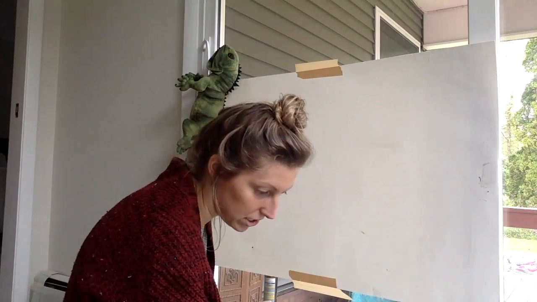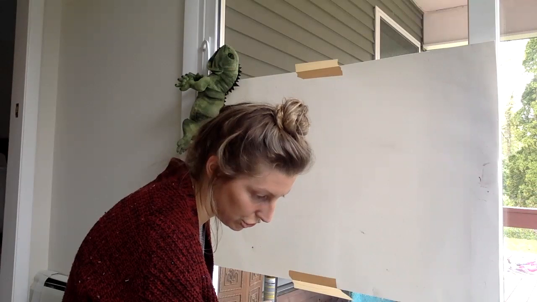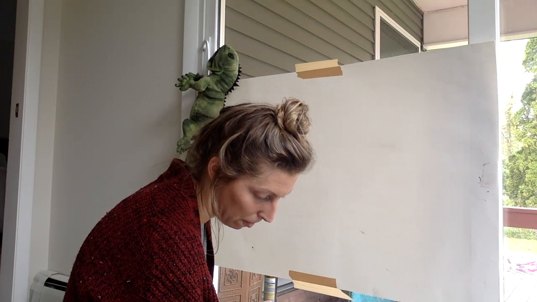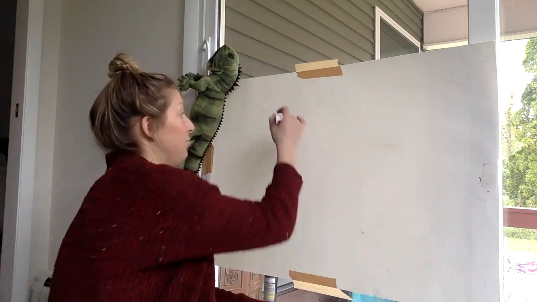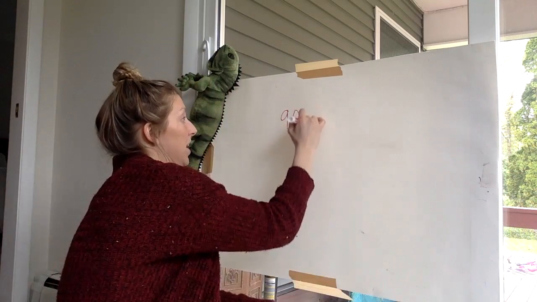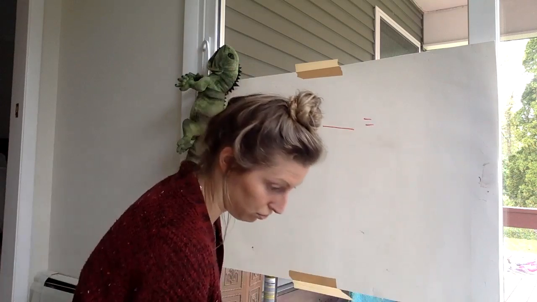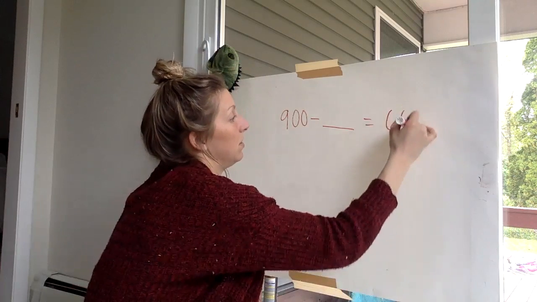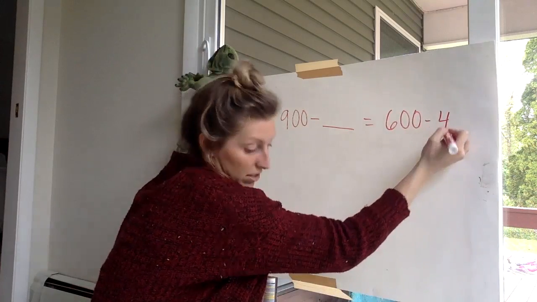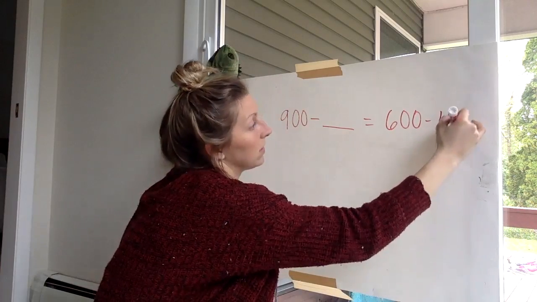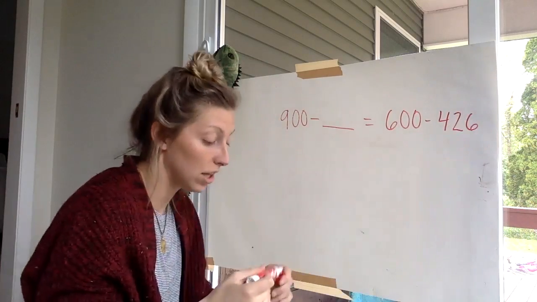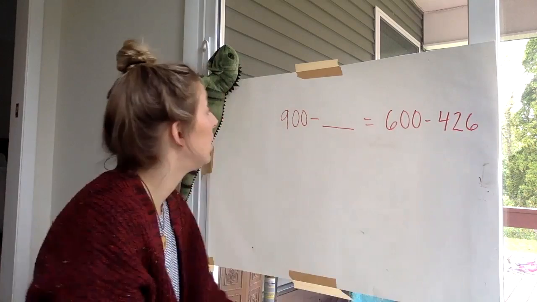Okay, so this is my question. 900, ooh, these are tough. 900 take away something is equal to 600 take away 426. So let me just give you a hint.